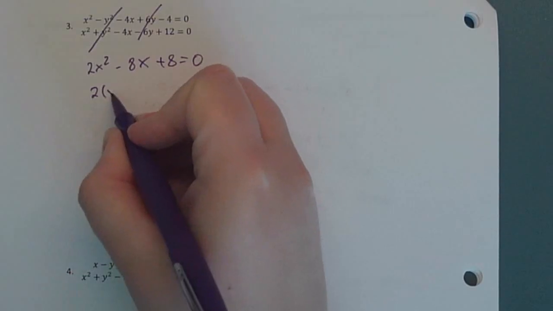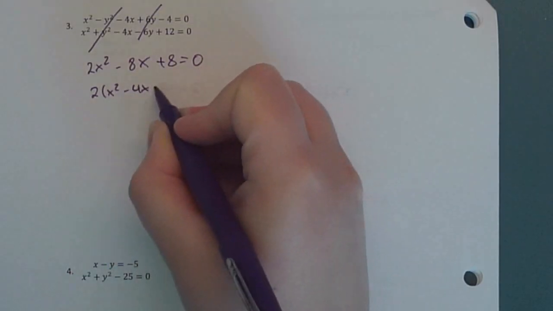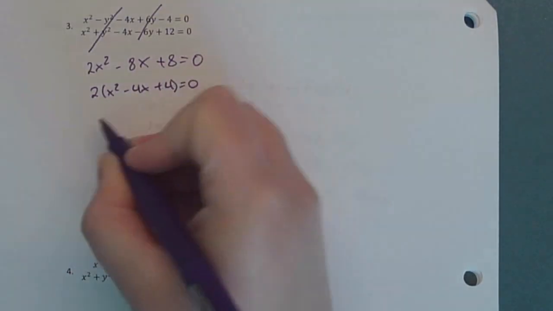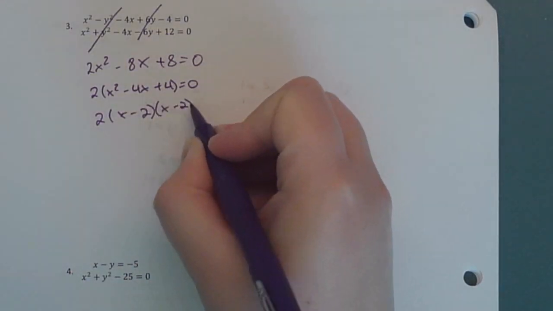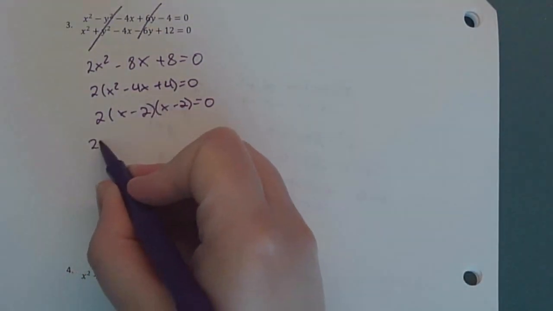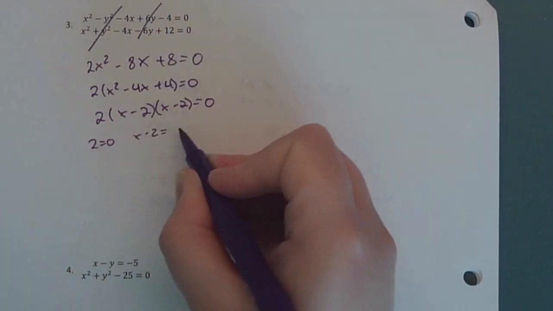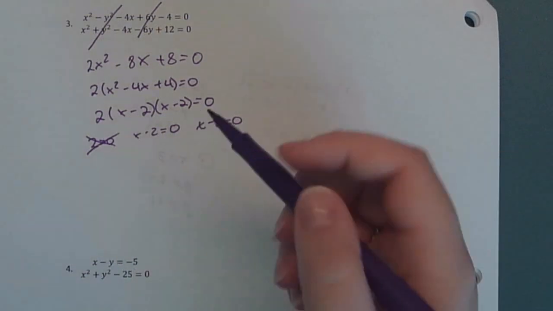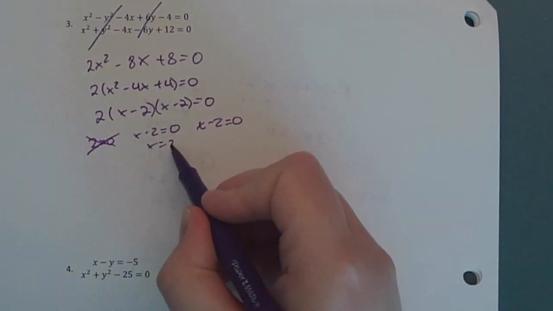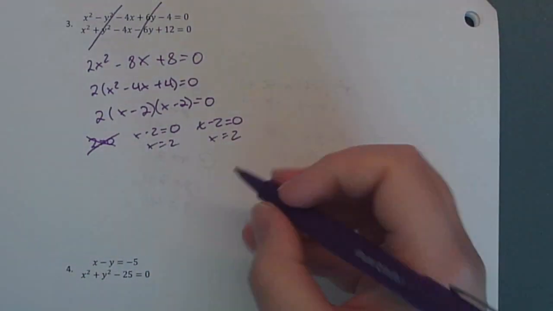Factor out a 2. And then the parenthesis factors into x minus 2 and x minus 2. Put everything equal to 0. The first one doesn't work, 2 doesn't equal 0, and the other two both give us x equals 2.